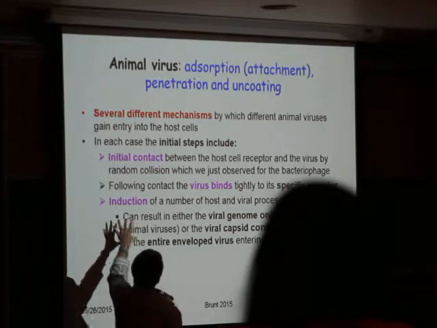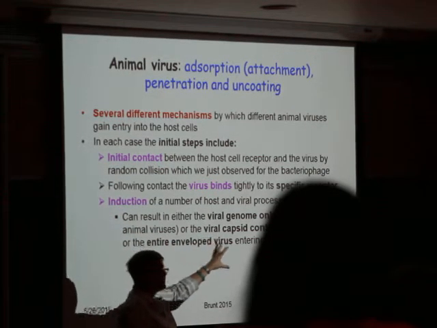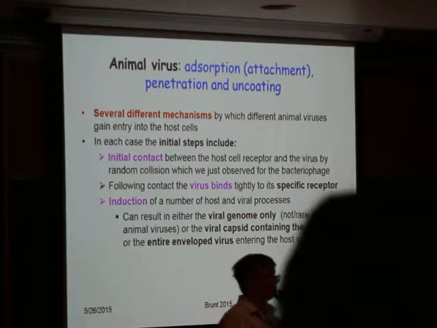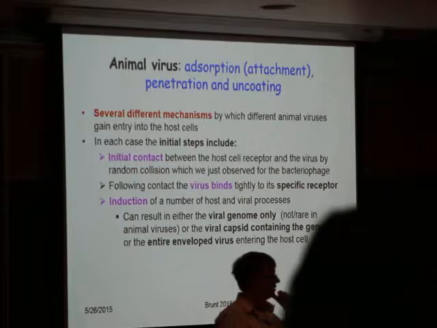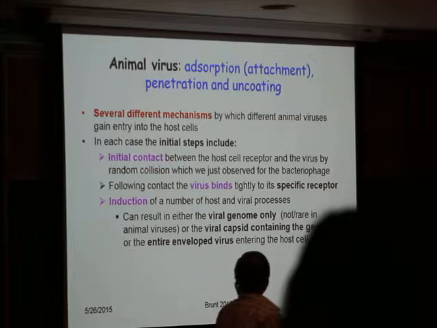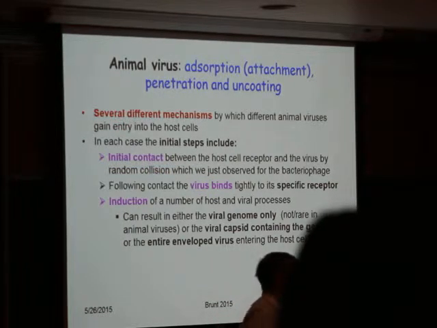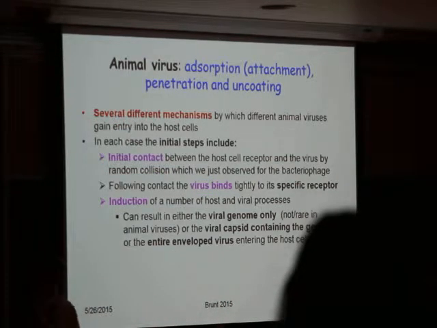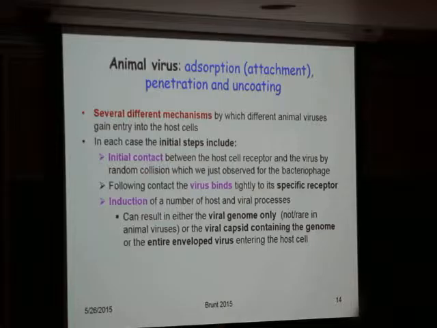And then what can happen with an animal virus is, one, the viral genome can be injected, so similar to what we saw with the bacteriophage. Two, there can be a scenario where the viral capsid enters, and the third one is the entire enveloped virus enters.